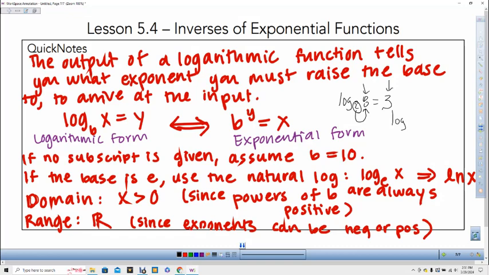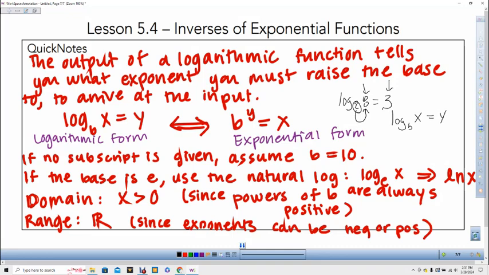So when you have log base b of x equaling your answer y, you can rewrite this in exponential form because they're inverses.